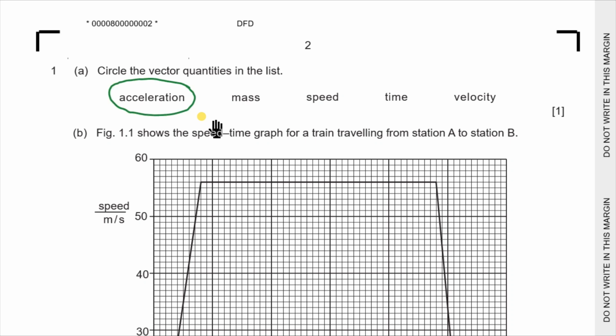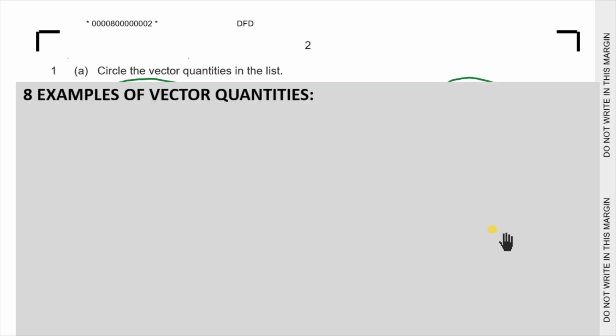So the first one that we have is acceleration. Acceleration is a vector quantity and velocity is a vector quantity. But the remaining three other quantities are scalar quantity. So let's look at examples of other vector quantities.